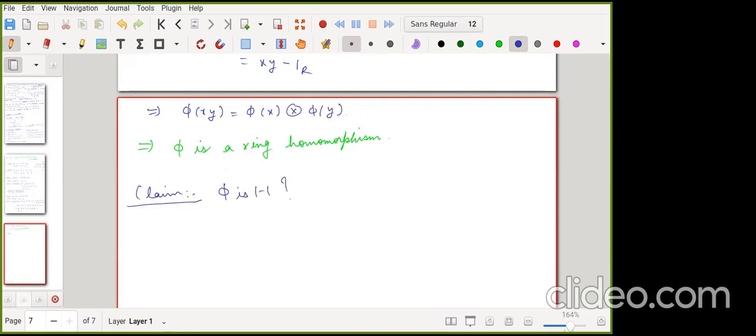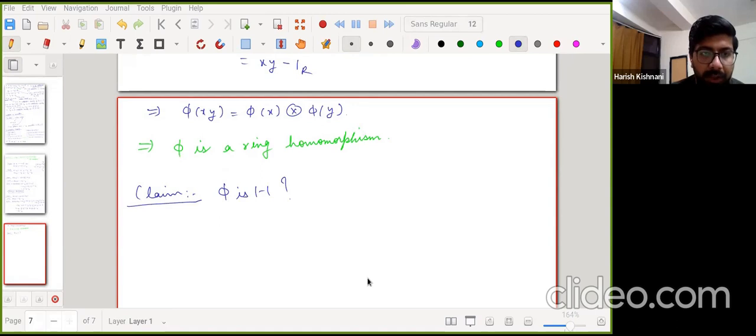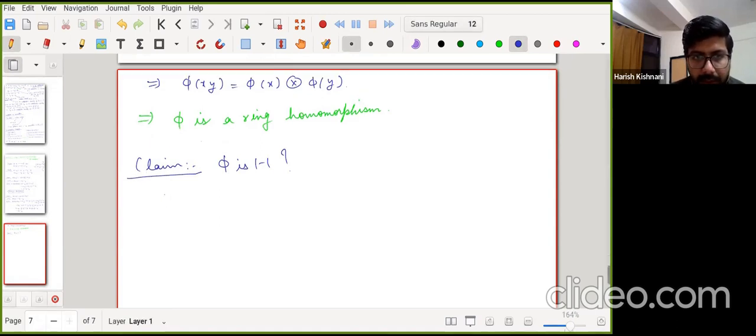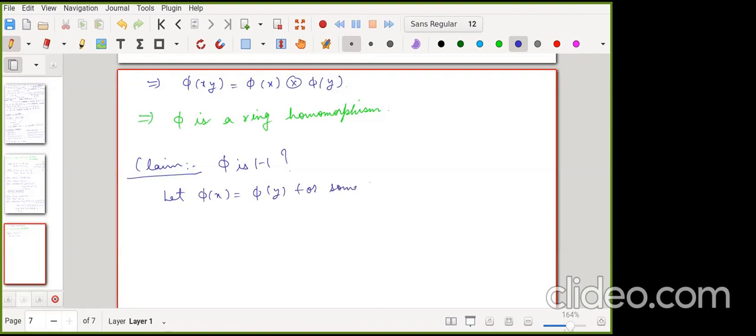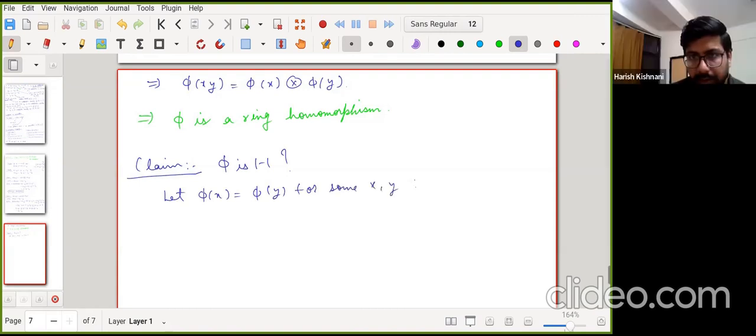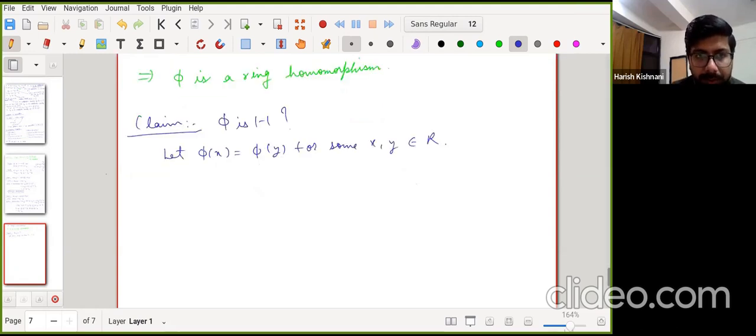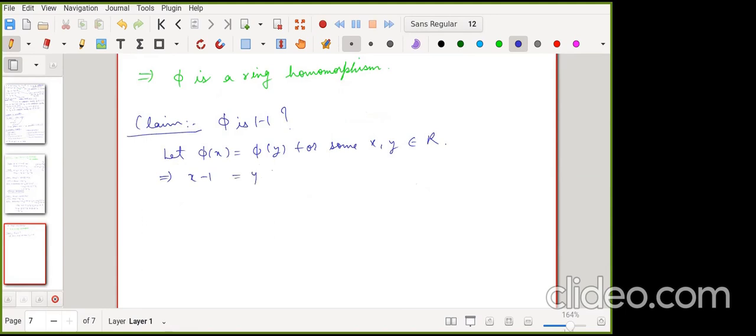Let phi x equal to phi y. Okay, let me just follow you, Muthu. So let phi x is equal to phi y for some x, y in R. Then this implies phi of x is x minus 1 and this is y minus 1.